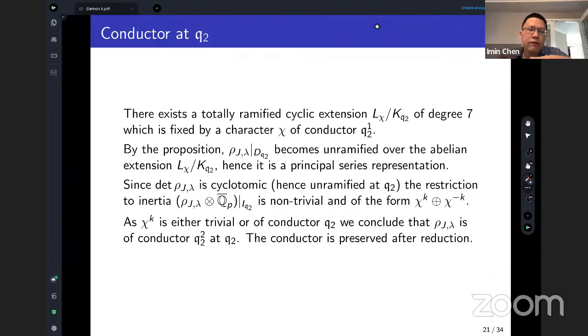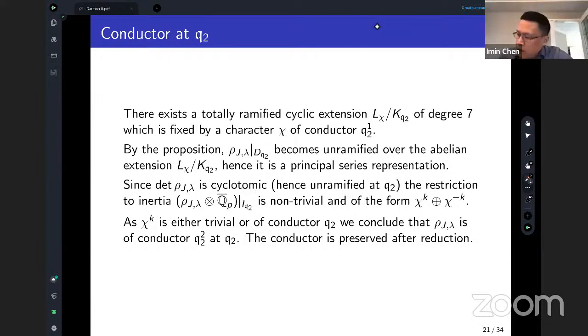Hence, if you look at all the possible inertial types, the possible local representations into GL2 that this can take, it has to be a principal series representation, and hence given by a direct sum of two characters.